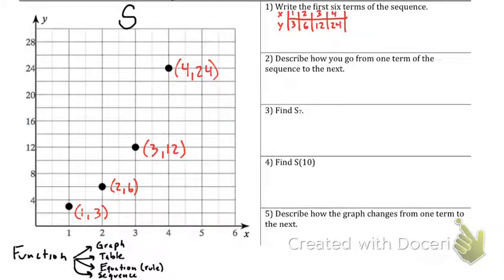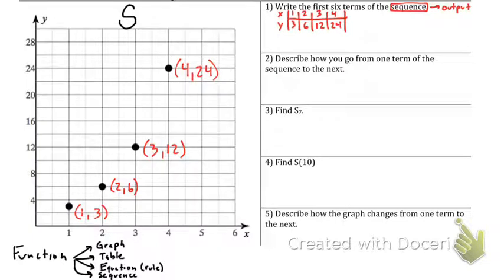Okay, so again, this is not the answer to number one, but I'm showing you how we get it. And I'm trying to connect it to what we've been doing the last couple of weeks. So if you look, this is our input, output. What a sequence is, in order for a function to have a sequence, all we're really talking about is the output.